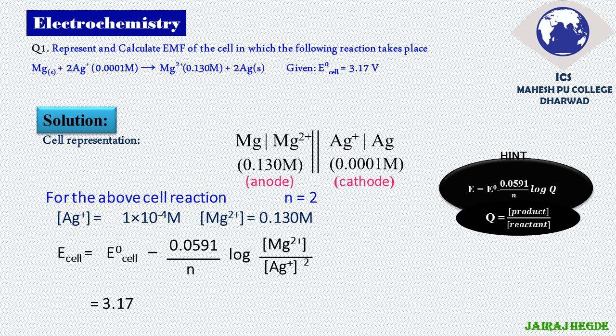Let us try to substitute the values. It is already given, the E naught cell value is 3.17 volt minus 0.0591 by 2, because the number of electrons changing during the reaction is 2, into log of the concentration of Mg2+, which is 0.13 molar, divided by Ag+, which is 0.0001, or 10 power minus 4, the whole square.